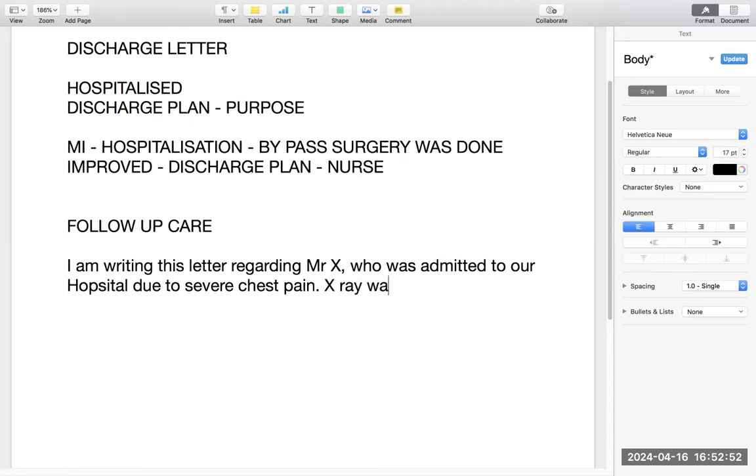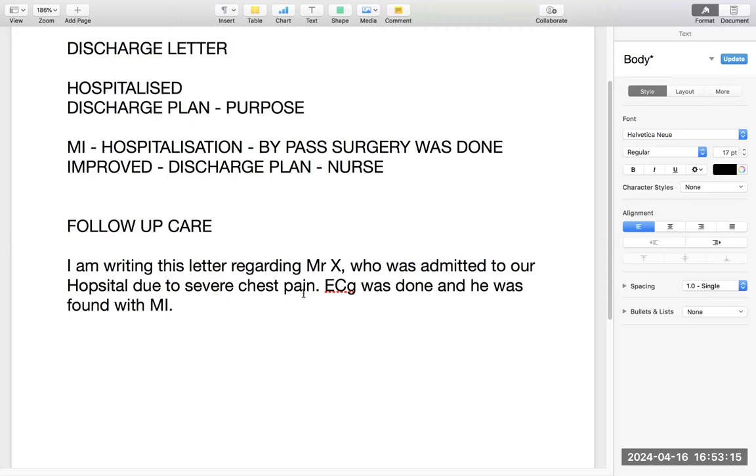ECG was done and he was found with MI. Whatever findings are given, you mention all these things as the major tests done.